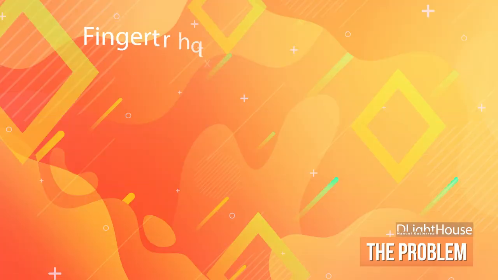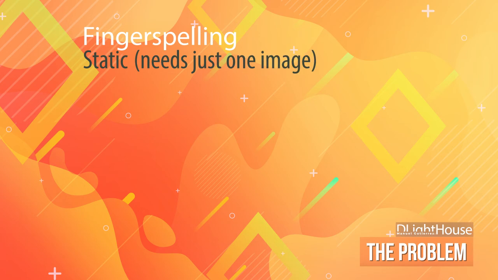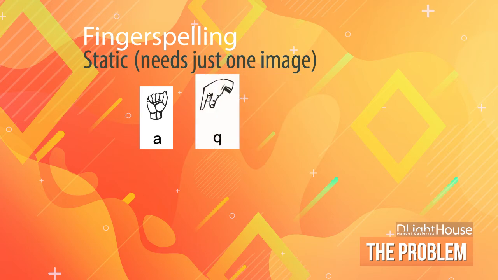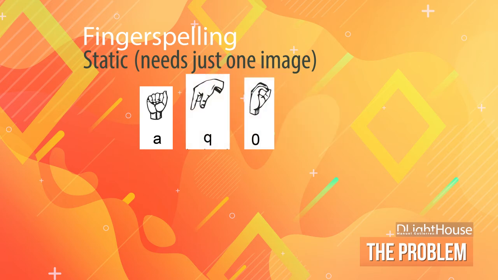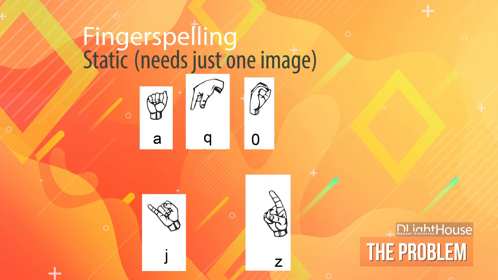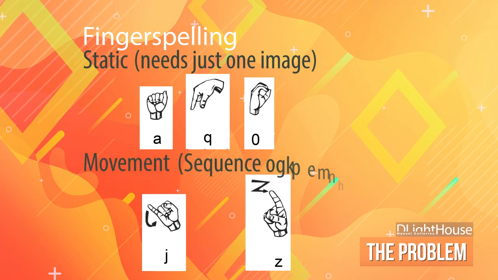Given that most fingerspelling signs are static, meaning that from just one image, we can identify if someone is making the sign for an A, a Q, or the number 0, we are going to implement a simple model to help us identify or classify these fingerspelling signs. We are also going to ignore the letters J and Z, given that they require movement, meaning a set of images or a video in order to be identified or classified.